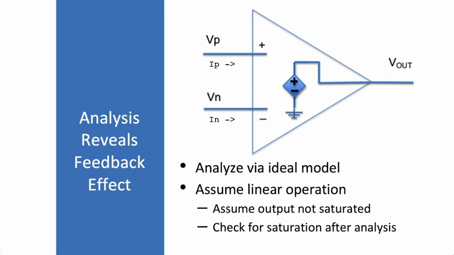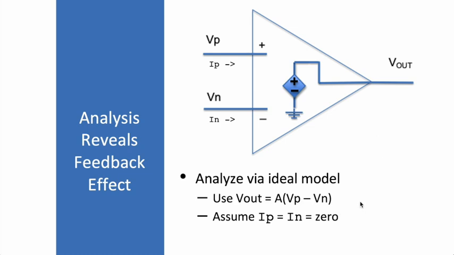We're going to assume that the op-amp is in its linear mode of operation, in other words, the output is not saturated at the power supply rails. That's a common assumption, and all we do after we complete the analysis is check to see if the output is actually within those limits, to verify that the given conditions do result in linear operation.